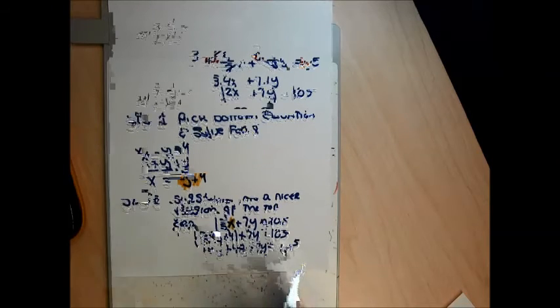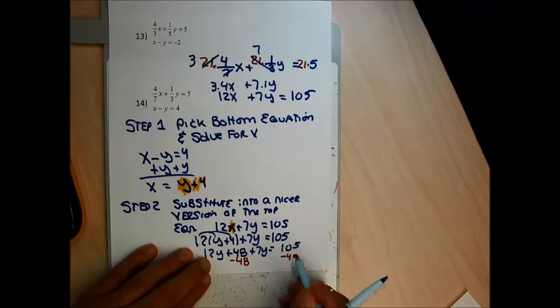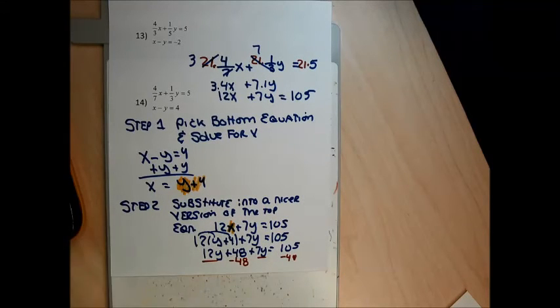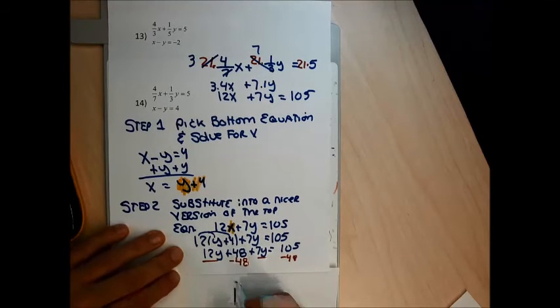I'm going to do two things at once because we need to start picking up some speed. So I'm going to minus 48 from both sides, and I'm going to combine the 12y and the 7y. And on the left side, when I add the 12y and the 7y, that leaves me with 19y.